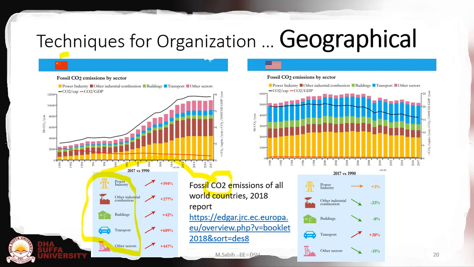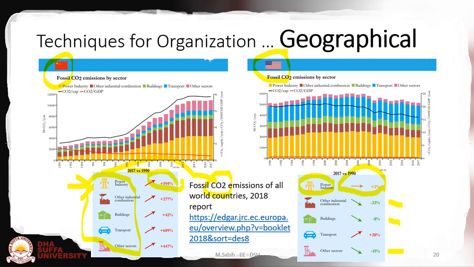In China, for example, the power industry over the period from 1990 to 2017 increased around 594%, while the power industry in USA is somehow regulated, it's only plus 2%. While there are 3 areas in USA, buildings, combustion, and other sectors, which have been regulated and actually reduced the carbon emissions, and that's why we have green arrows here.